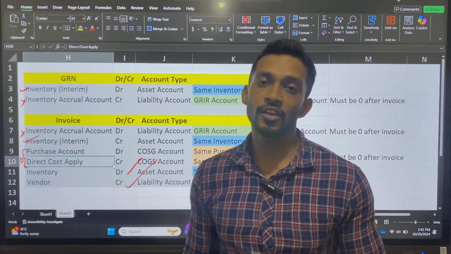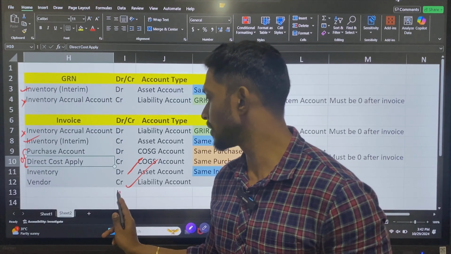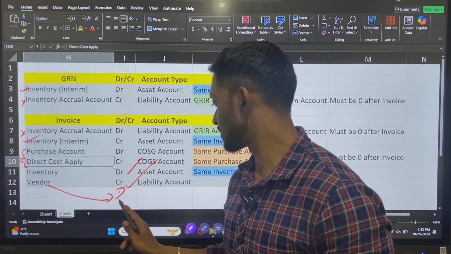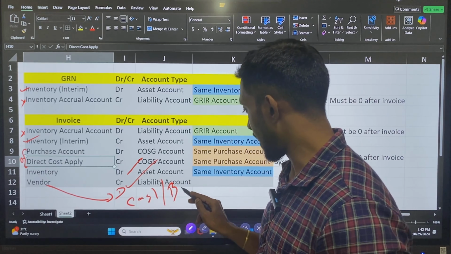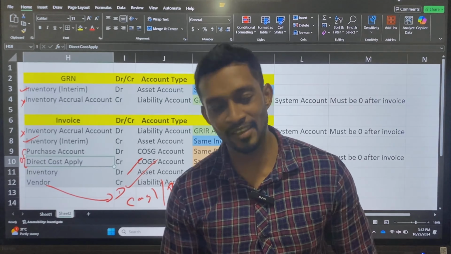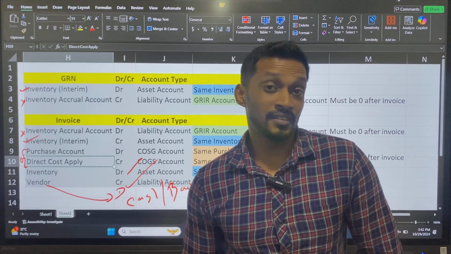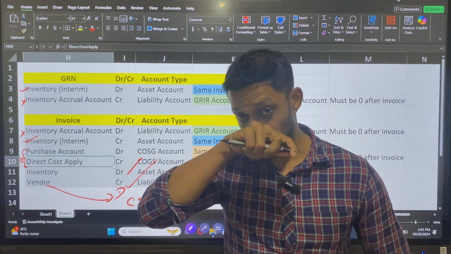After that, you can do the payment. At the point of doing the payment, this vendor account gets debit, and cash or bank gets credit.